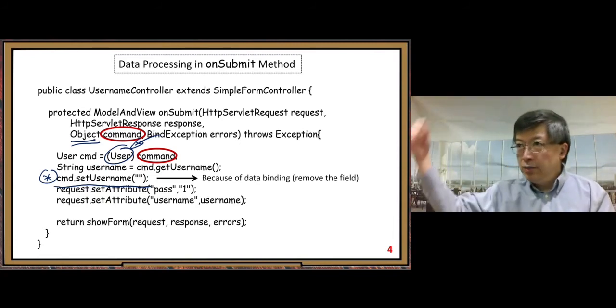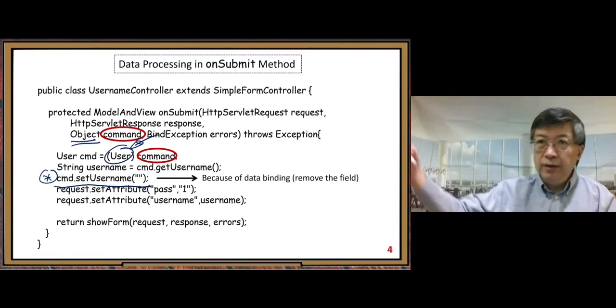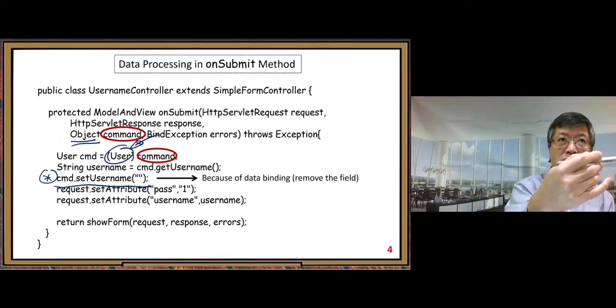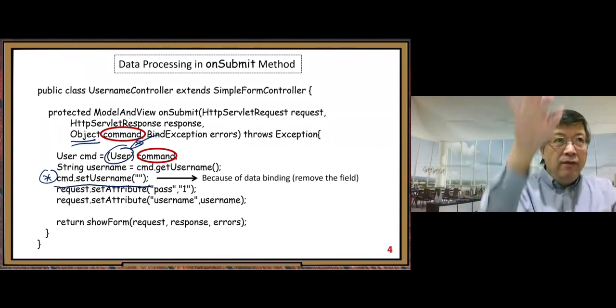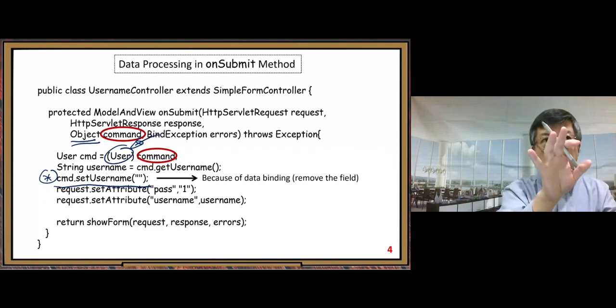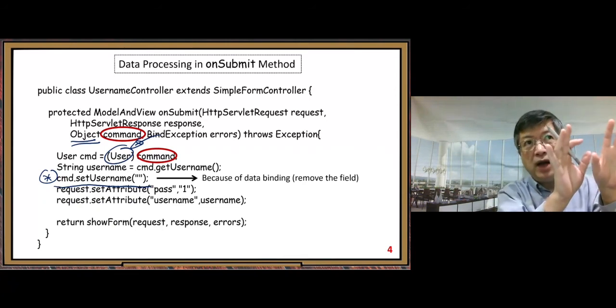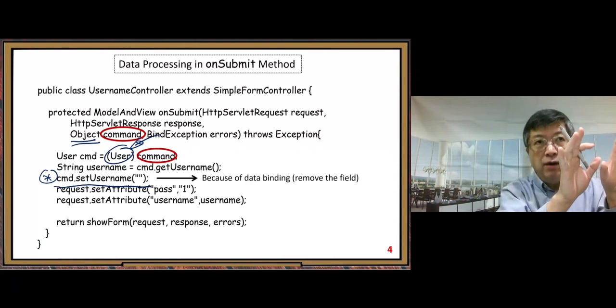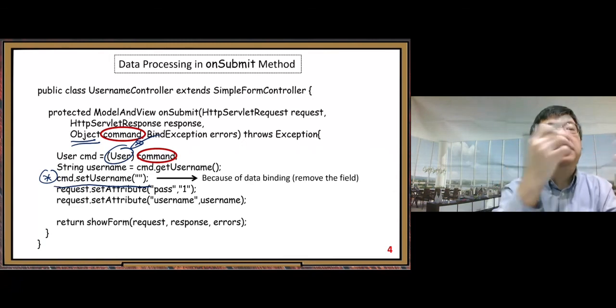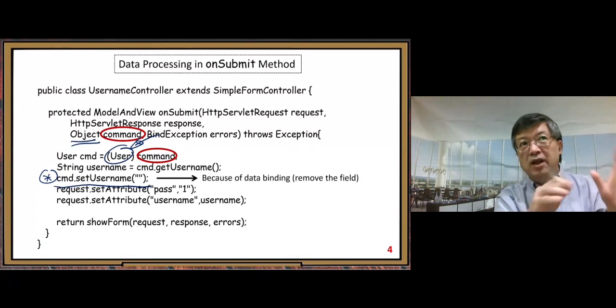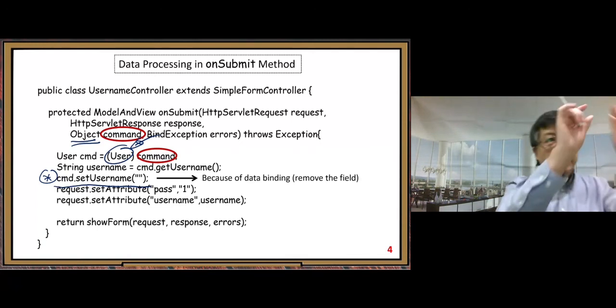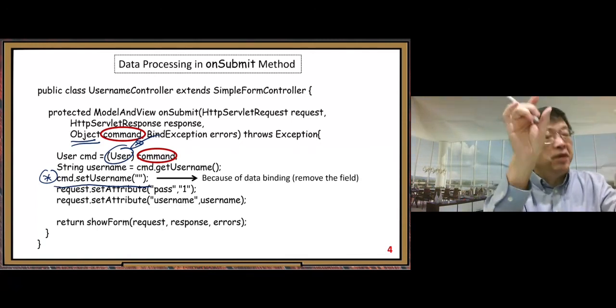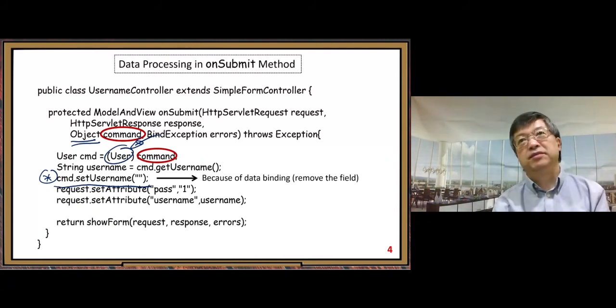The controller does the processing, then returns the response back to the same JSP page. But this time, the data is still there, right? The command object still contains the old data. So you can see the submit button, click it, the input field still contains the user's data.